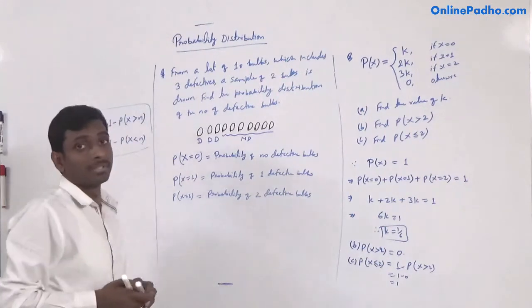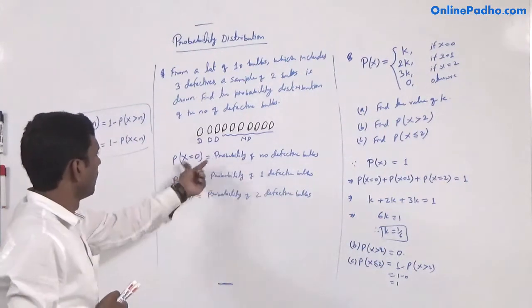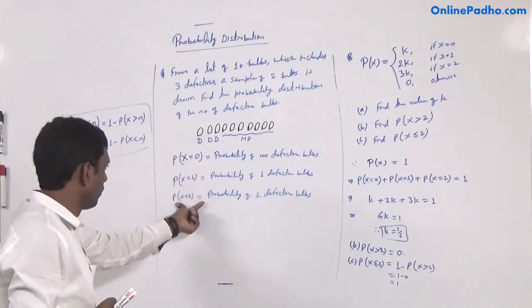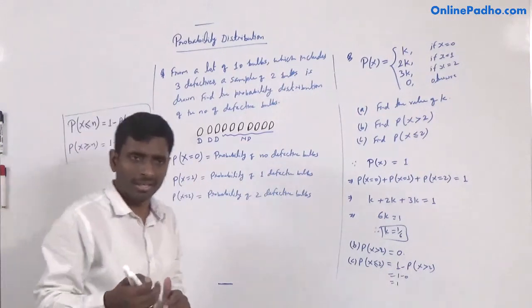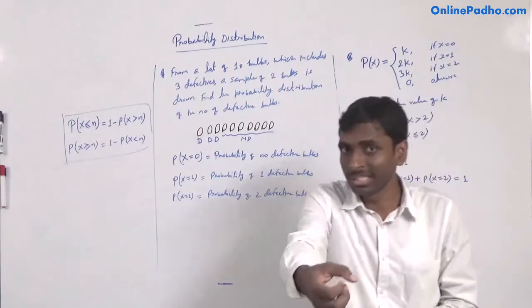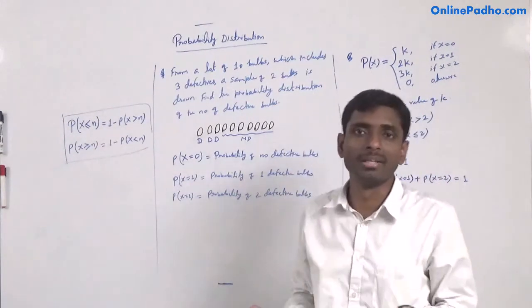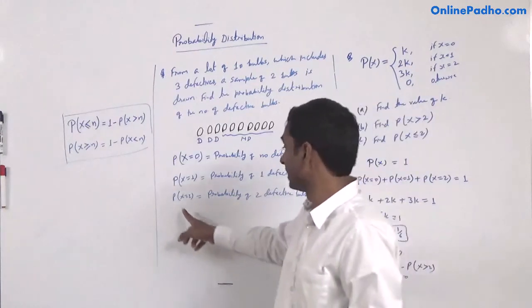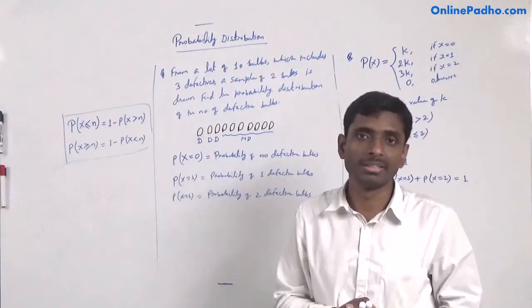Right? Probability of no defective bulbs, 1 defective bulb, 2 defective bulbs. Can it be probability of x equal to 3? Not possible, because we are selecting 2 bulbs out of 10. So we cannot take P(x=3) in this case.